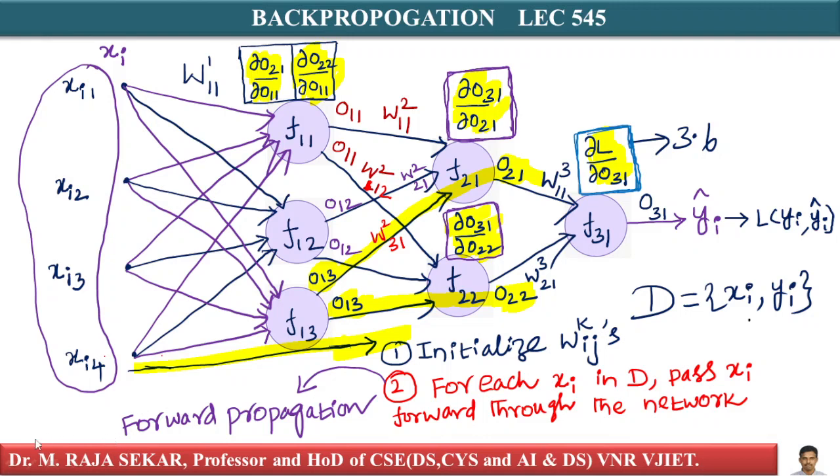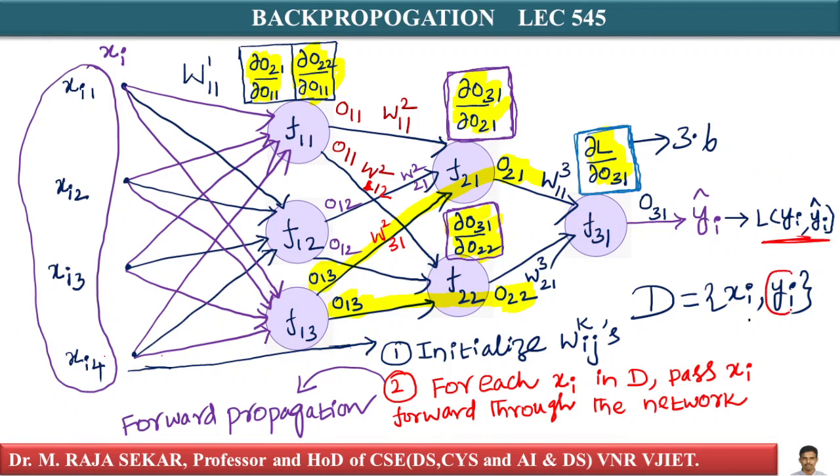In your data set, you have xi comma yi. I am sending this xi as an input to this particular network, and yi we are using in the loss function L of yi comma yi cap.